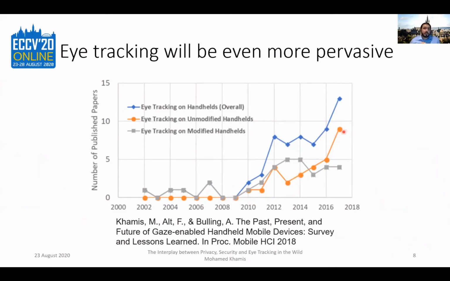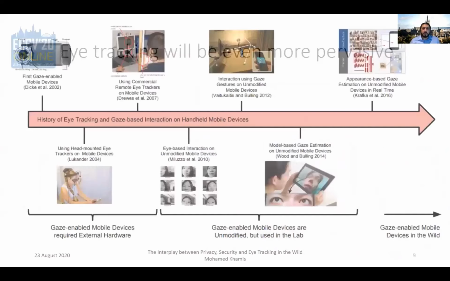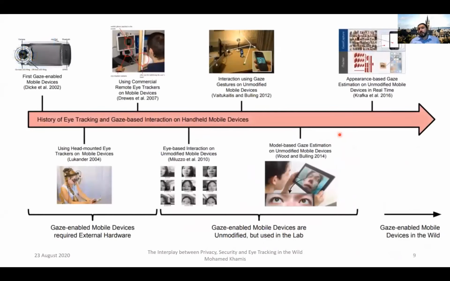So basically, just by installing an app, doing modifications on the software side, and that was even before the release of mobile phones that come with depth imaging, or at least depth imaging in the front-facing camera. So actually, we are starting to see more and more applications of eye tracking that are becoming more pervasive, that do not require additional hardware. And I agree that this is super exciting, but at the same time, it comes with privacy implications.